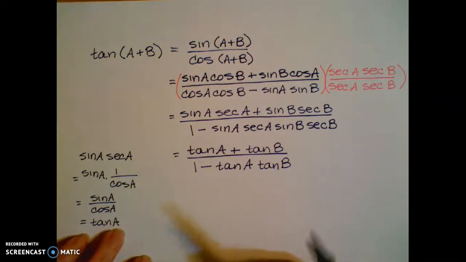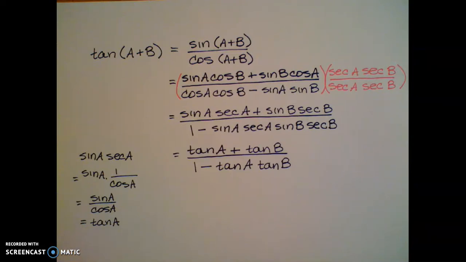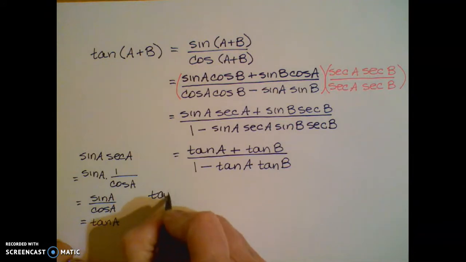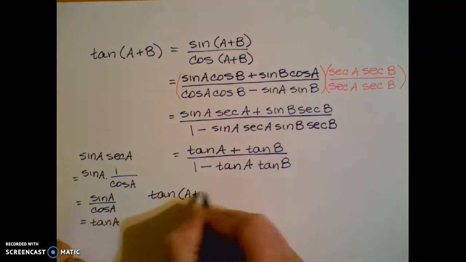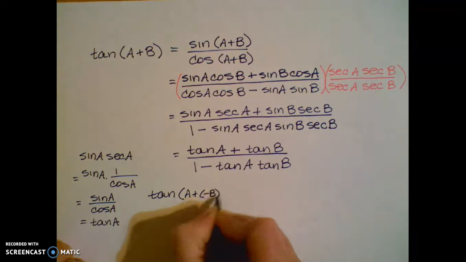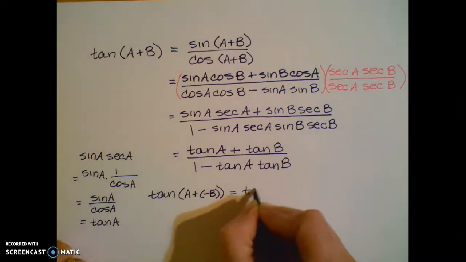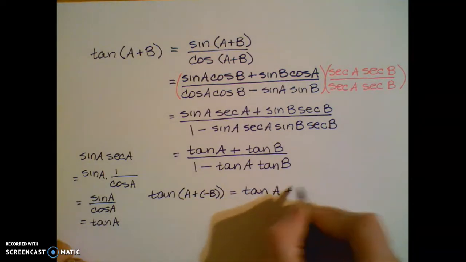Now, if we were to substitute an opposite of B into that formula, the tangent of A plus the opposite of B, tangent, like sine, is odd.